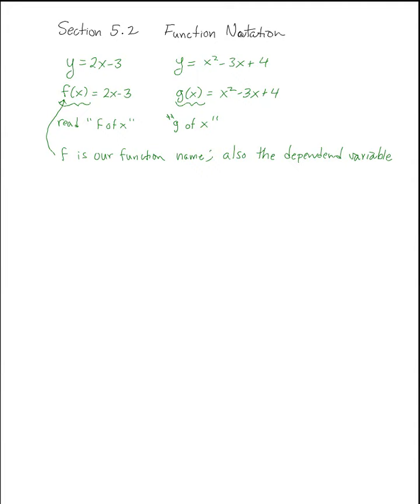We're going to call our outputs f. And then this x inside the parentheses is kind of bad notation, because something inside parentheses like that tends to make you think of multiplication, but we really don't mean multiplication there. What we really mean is x is the independent variable.